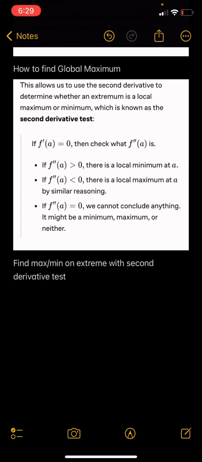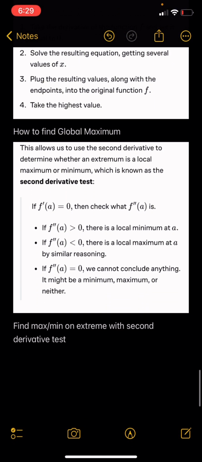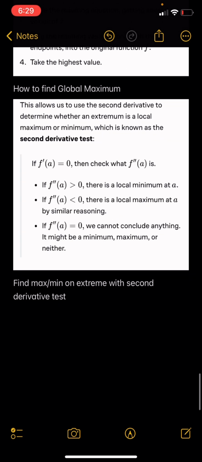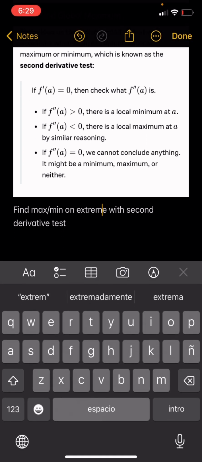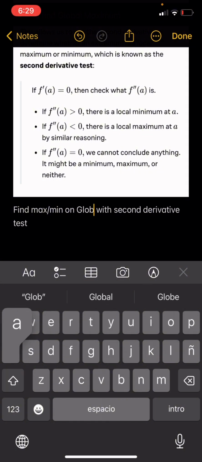No, I see this is correct. I do global. It's kind of the same.